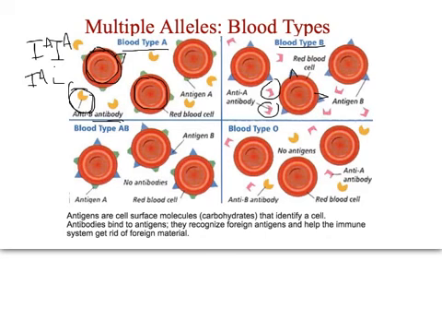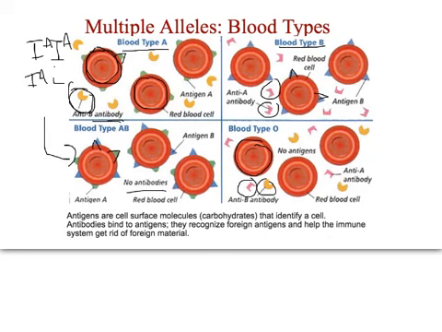If you're type AB blood, you have A and B on your blood cells, and you have no antibodies in your plasma, which means you can receive any type of blood because you don't have any antibodies to attack anything else. And then finally, type O blood: you have nothing on your blood cells, but you have antibodies that will attack A and attack B. So type O blood can't receive blood from A or B or AB because their antibodies will attack them.